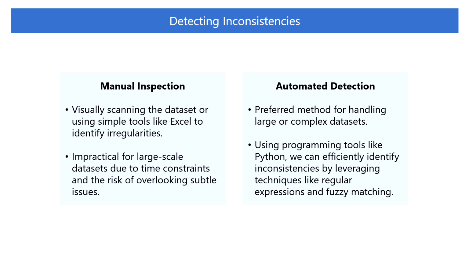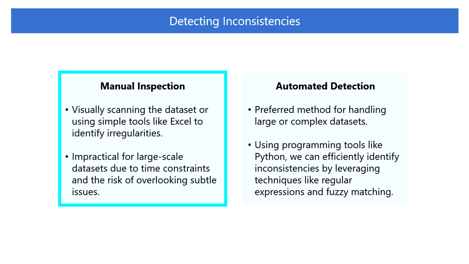Let's explore how to detect inconsistencies within our dataset. This is a crucial first step in the data cleaning process, as it enables you to identify the specific issues that need to be resolved. There are two primary approaches to detecting inconsistencies: manual inspection and automated detection.